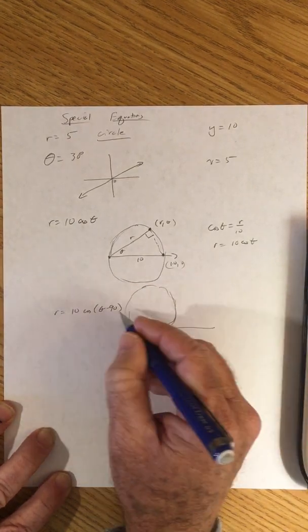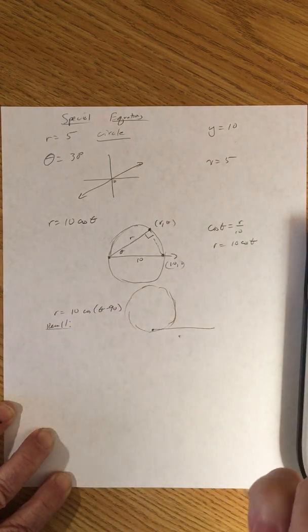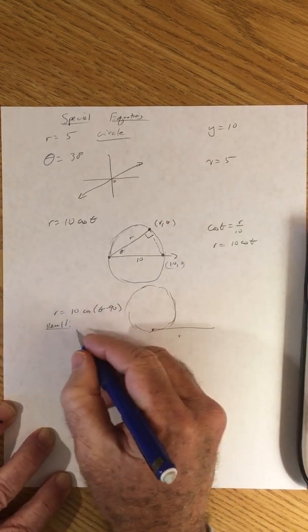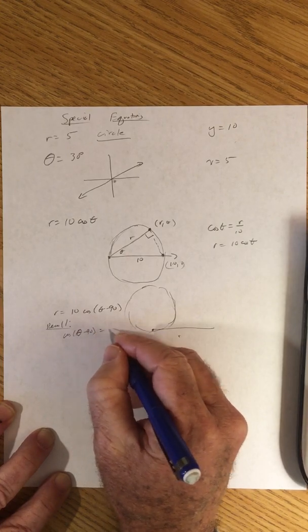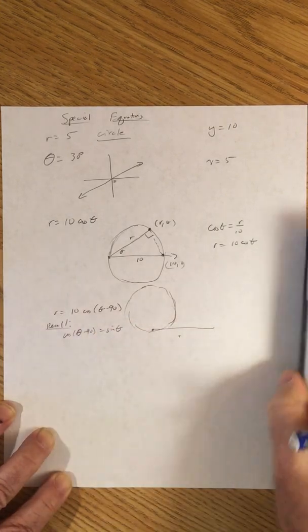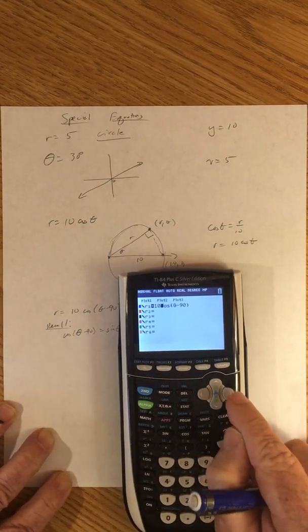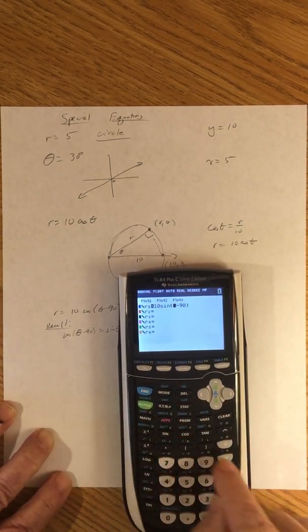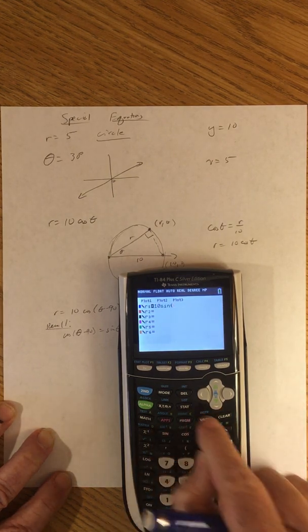Now, you may recall, and again, you thought you were finished with trigonometry, that cosine of theta minus 90 degrees is equal to sine of theta. All right, so if I replace that, I just have, let's just go, 10 sine theta.